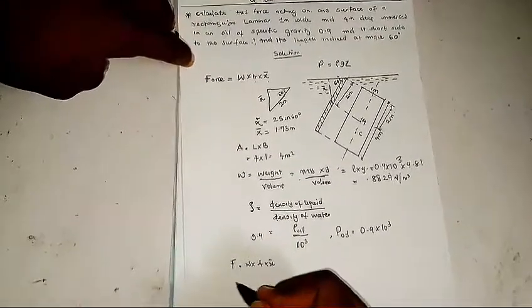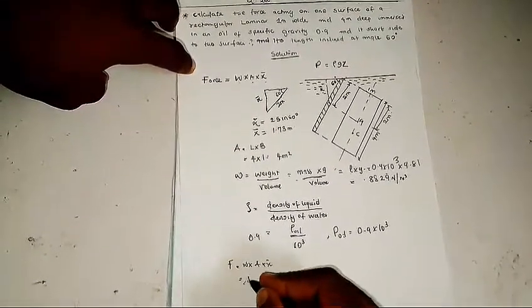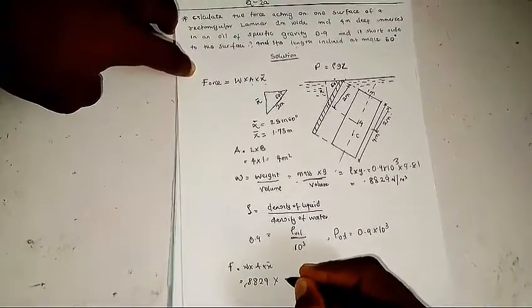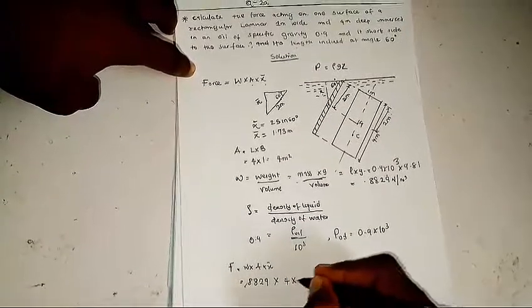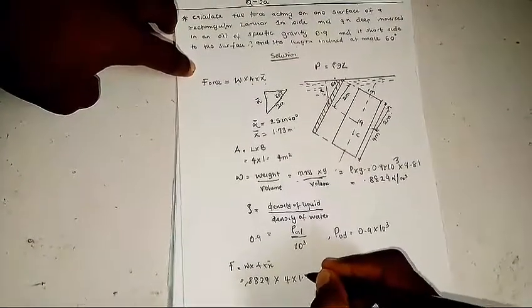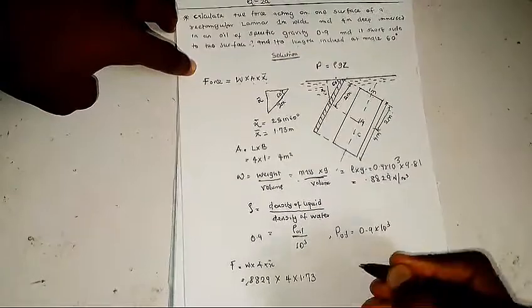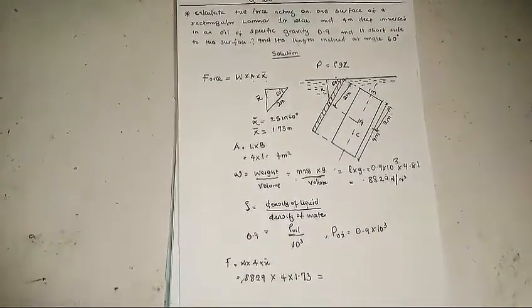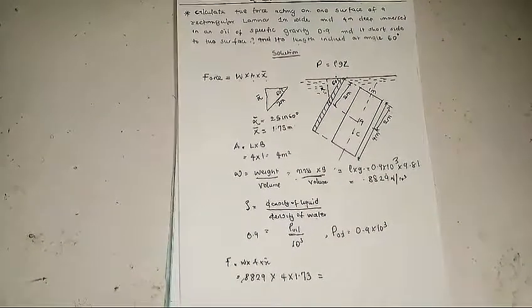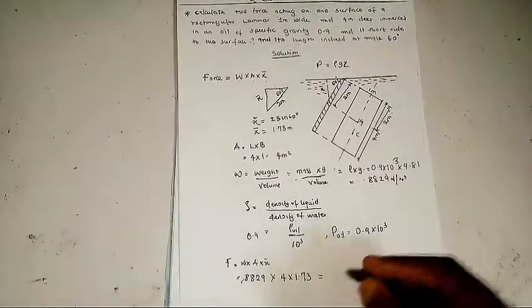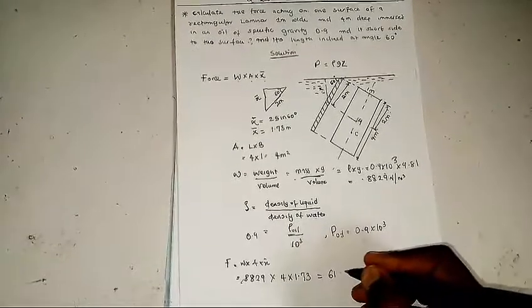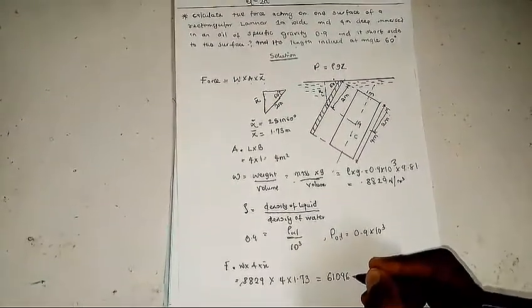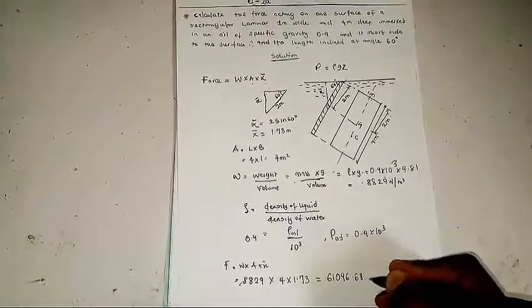So my weight density is equal to 8829, times my area, which is 4, times my depth, which is 1.73, right? So this gives me 61096.68 Newton.